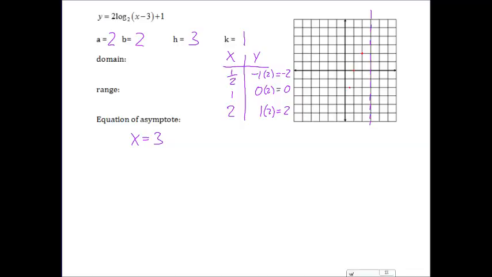But translated 3 steps to the right and 1 step up would be 1, 2, 3 to the right and 1 up. And here goes the graph of our function. Our domain goes from positive 3, not including, to infinity, and our range goes from -infinity to positive infinity.